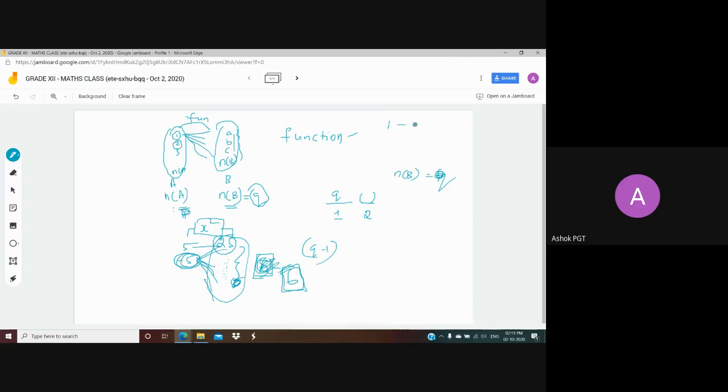Listen. In a one-one function, once a is joined with 1, b, the second element, cannot join with a, because in a one-one function, two different inputs cannot produce the same output. But this is a general function, so it can be a many-one function also; 2 can also produce this a.